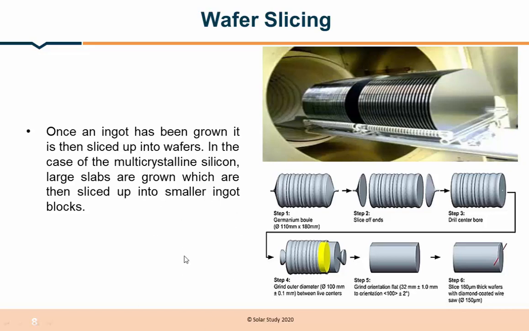You can see in this image that you will get a big chunk of ingot. This is a germanium ball, actually, and its size is 110 into 180 mm. What happens next? Both the ends are sliced first, then the remainder goes to the chamber, where a drill is made at the center for holding.